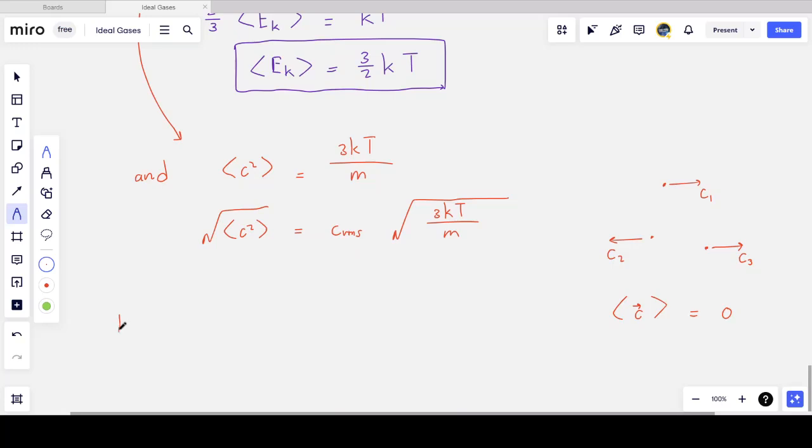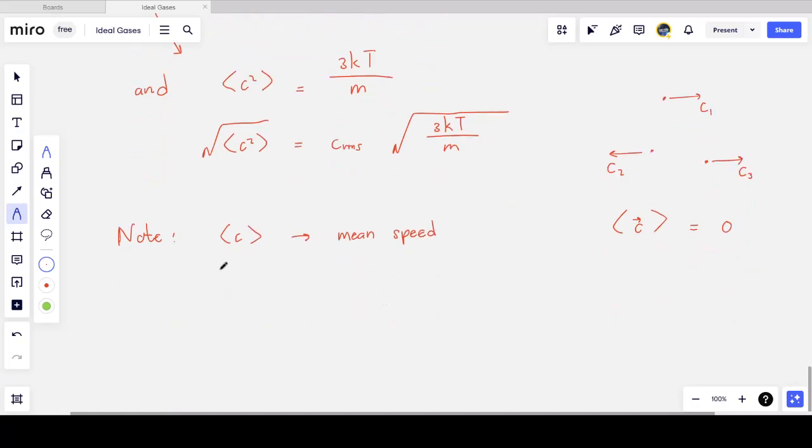So a little note on the different quantities. If you do math and statistics, you know that if I calculate the average of something, I can also call it the mean. So this quantity, the average of c, means all the values of the speed added together divided by the total number of speeds that I'm measuring, and we call that the mean speed.